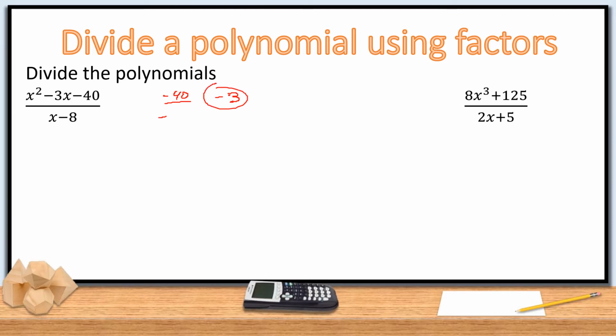Well, that would be minus 8 and positive 5. So we would rewrite the numerator, the quadratic, as x minus 8 times x plus 5, all over x minus 8. So then we could say, all right, well, the x minus 8s can cancel. This simplifies to x plus 5. So that would be what the division would result in, which is perfect.